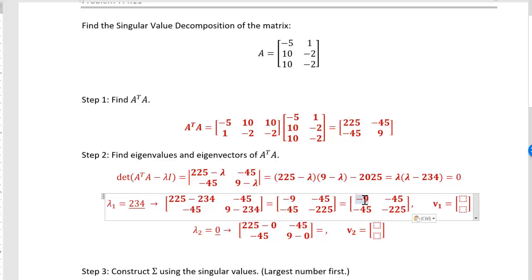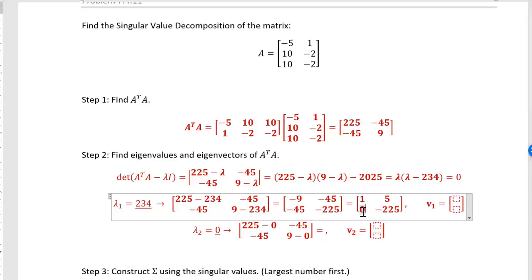I think if we reduce this and divide the top row by negative 9, we're going to get a 1 and a 5. And then if we go ahead and do the row operation here, multiply this by 5, we're going to get negative 5. We're going to get 0 and 0 here as well.